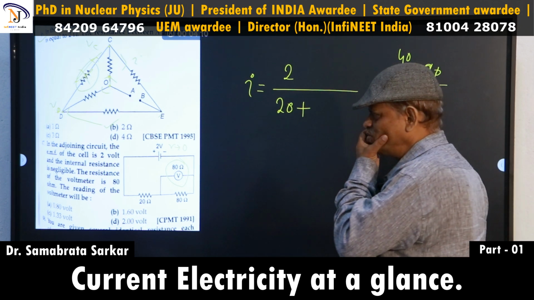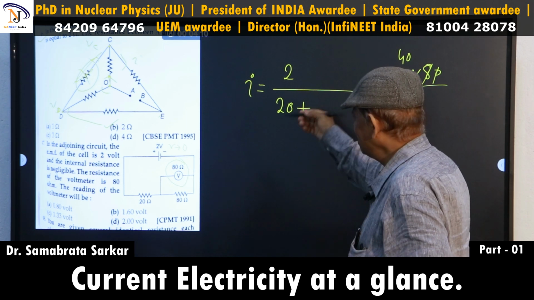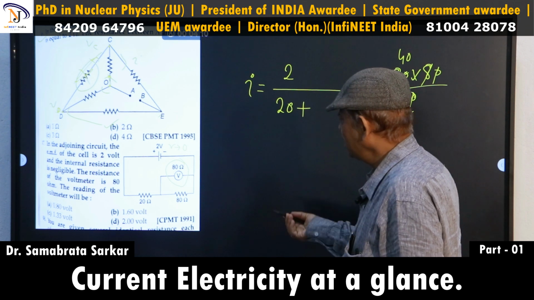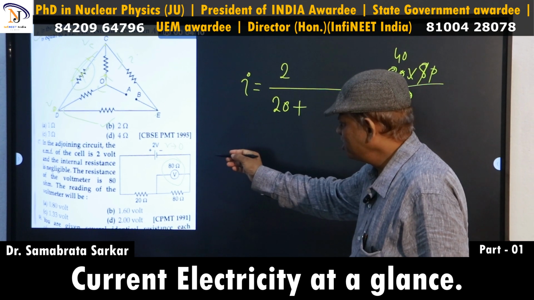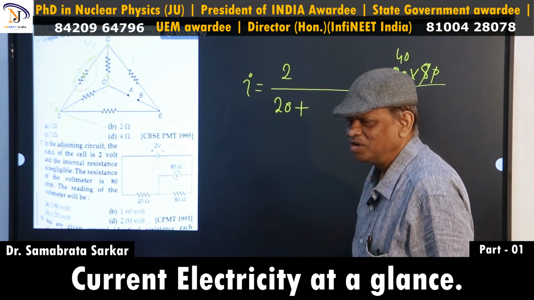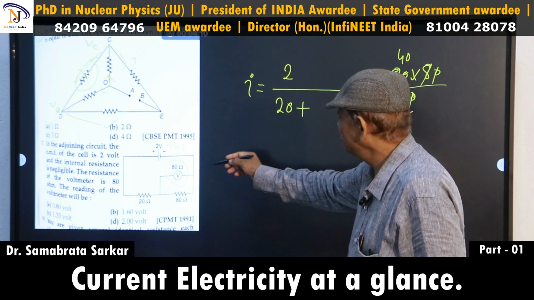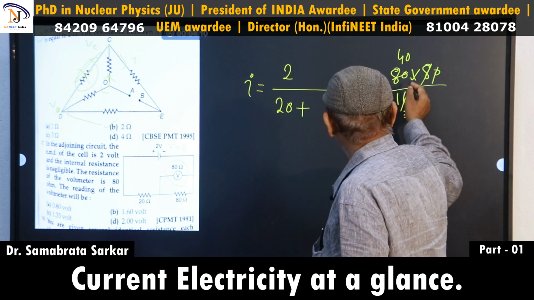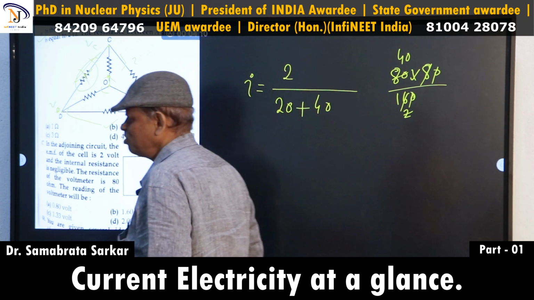And what formula I taught you? If the two resistances are equal, then the resultant is R by N, 80 by 2, that is 40. Instead of doing this, you can write 40 directly. Am I clear? Do you follow me?